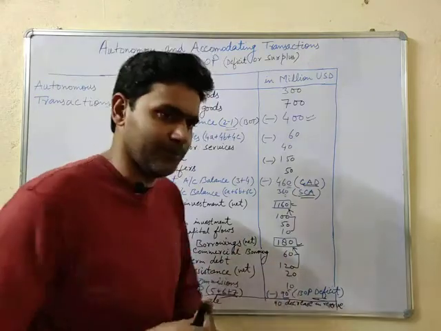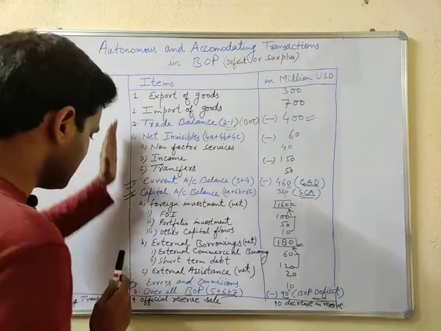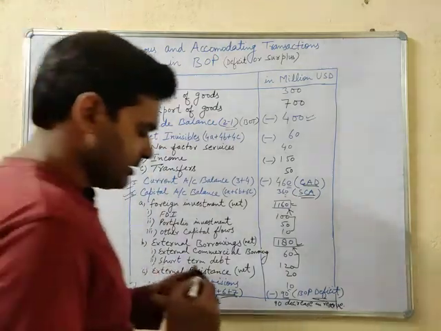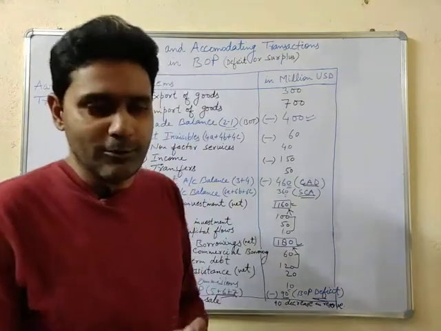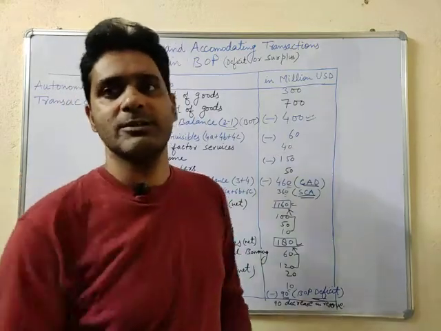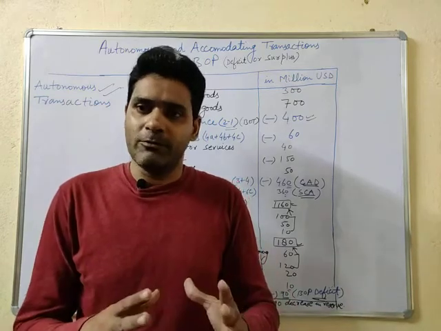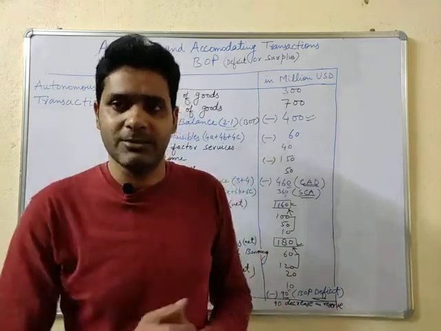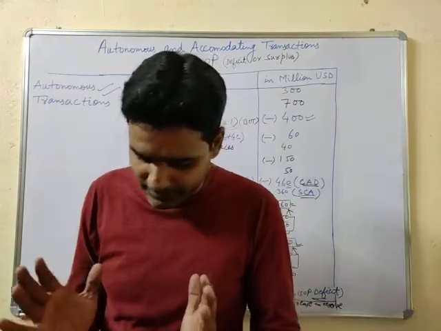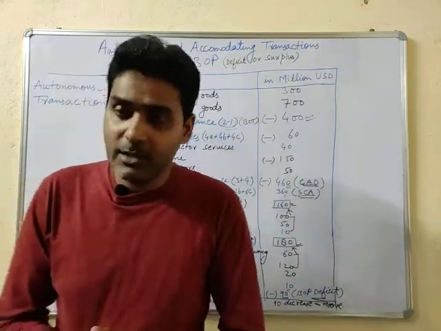Now what will happen? Up to point 8, all the transactions are termed as autonomous transactions. First the question arises, what are autonomous transactions? Please remember that autonomous transactions are those transactions which are undertaken for an economic motive, like profit maximization.